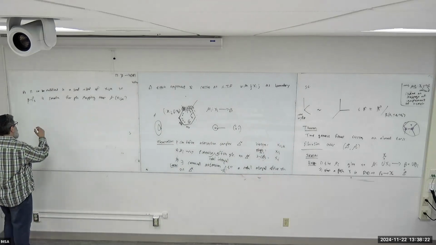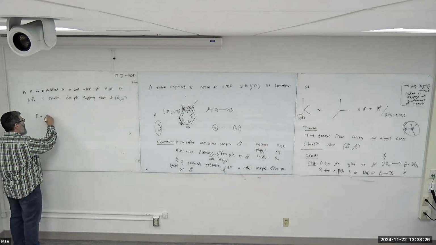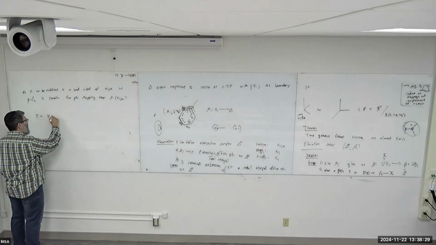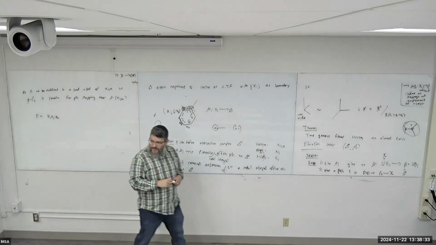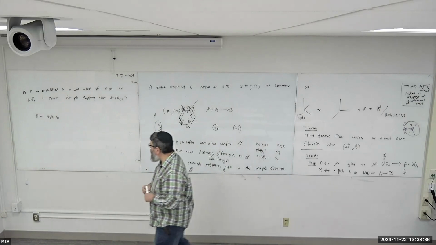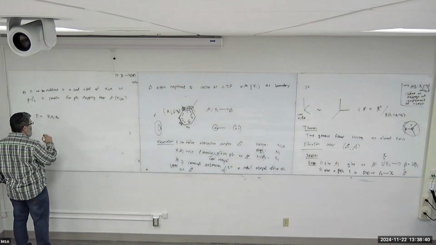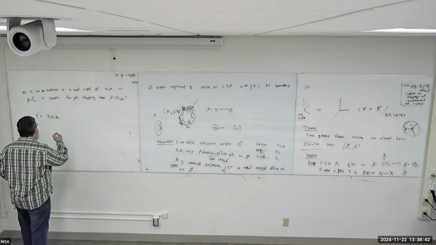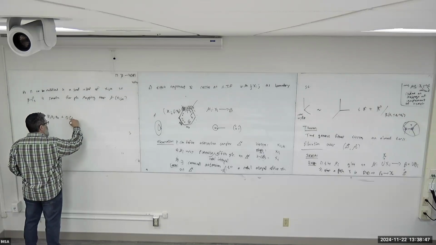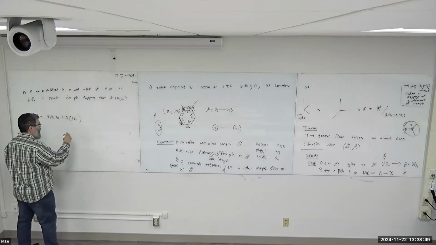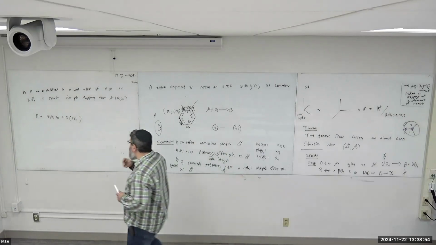So locally, to first order, it looks like zi times zj, plus higher order terms.